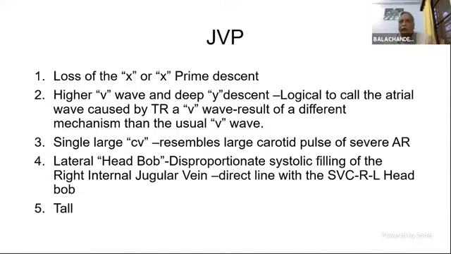Otherwise, anything which fills the RA will cause a prominent V wave. Then you come to the lateral head bob, which can be a disproportionate systolic filling of the right internal jugular vein, which is in direct line with the SVC. And of course, you can get a tall, deep X descent. Next slide.